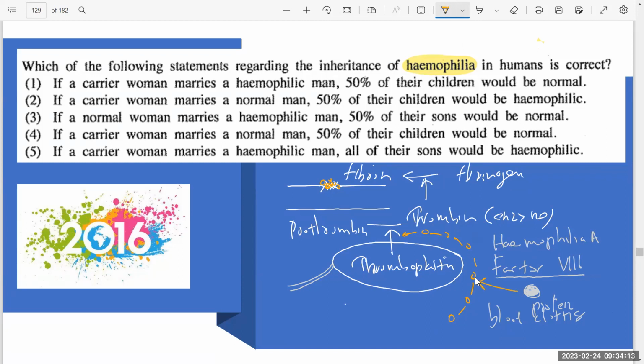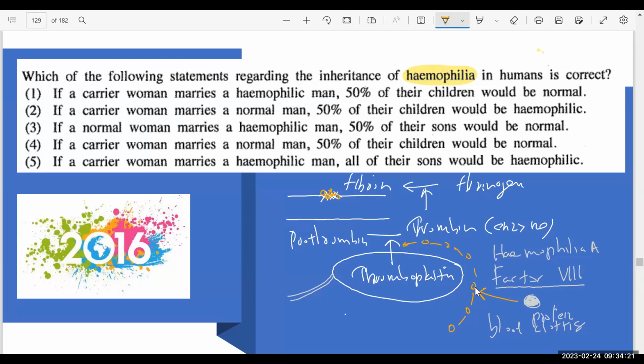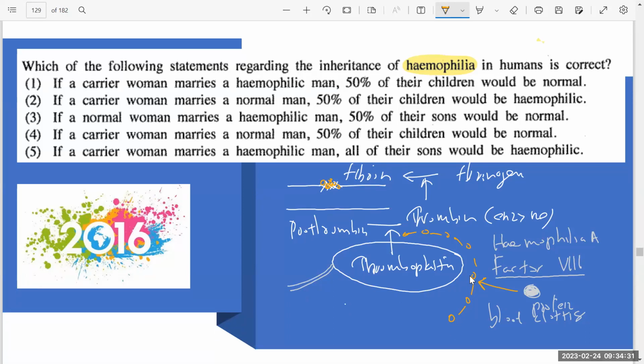But we only learn that thromboplastin is released from the platelet, then activates prothrombin to thrombin. Thrombin can activate fibrinogen into fibrin. But there is another factor required for the activation of thrombin. That pathway we are not learning, and it needs a lot of proteins.